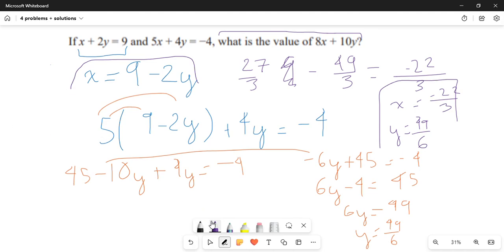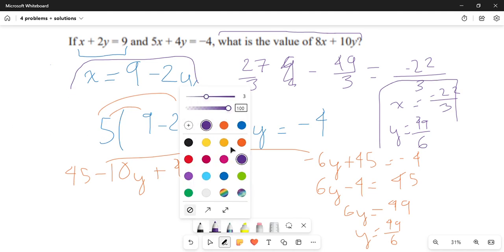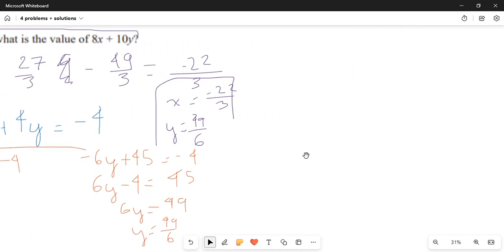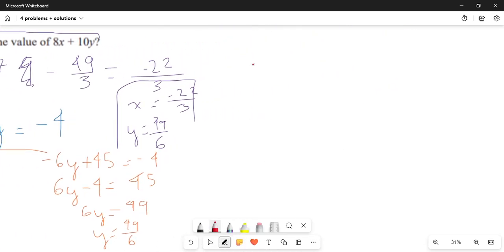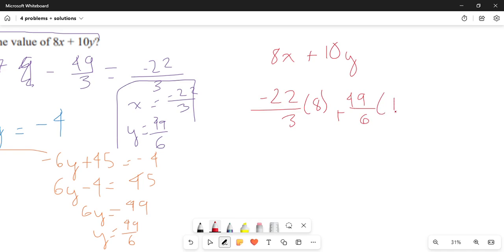So 8x plus 10y. If you want 8x plus 10y, you could just do negative 22 over 3 times 8 plus 49 over 6 times 10.